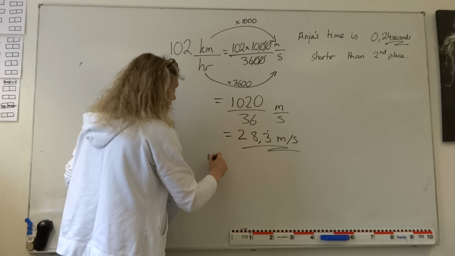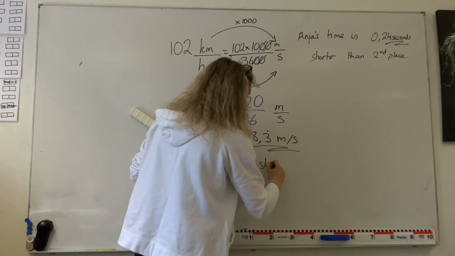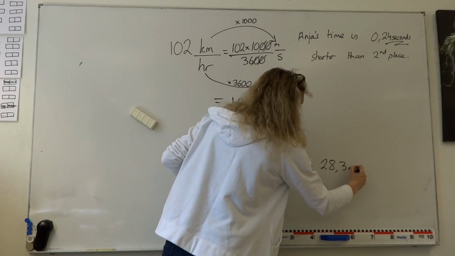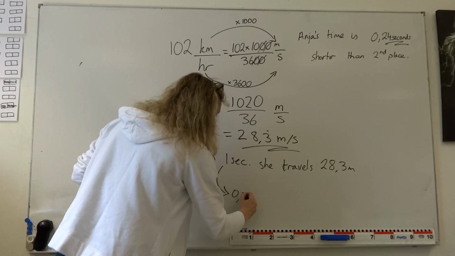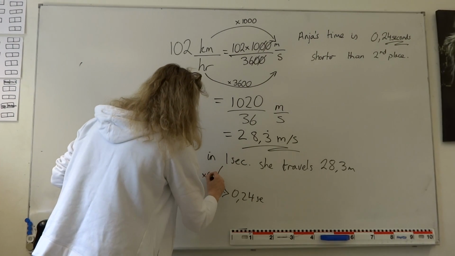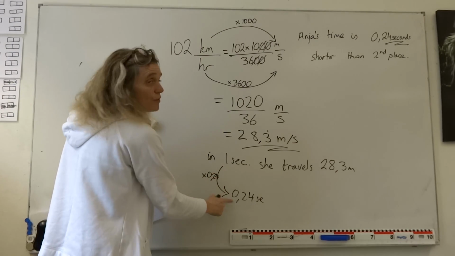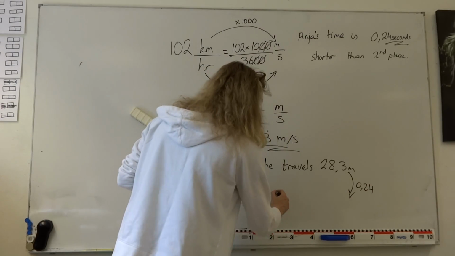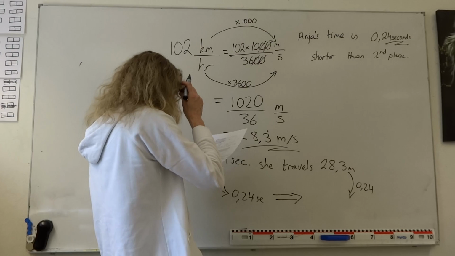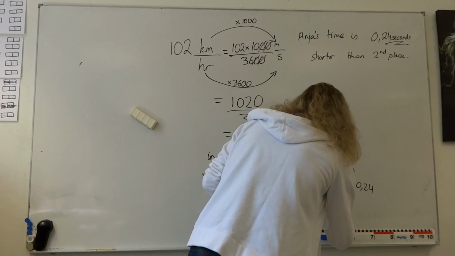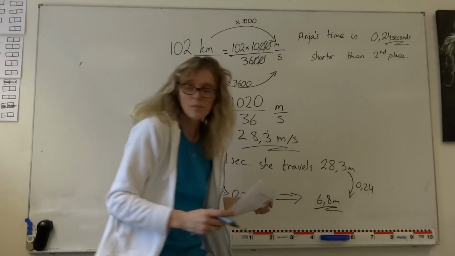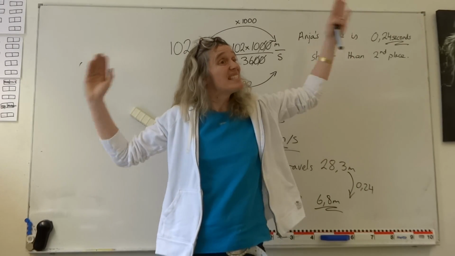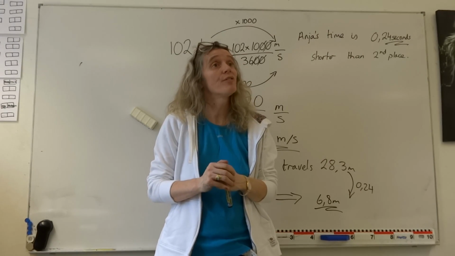So in 0.24 of a second, we multiply 1 by 0.24 to get the distance that she travels. Then she'll travel 0.24 times 28.3, 6.8 meters. So she's actually, it doesn't sound a lot, 0.24 of a second, but she's actually 7 meters almost ahead of the second place.